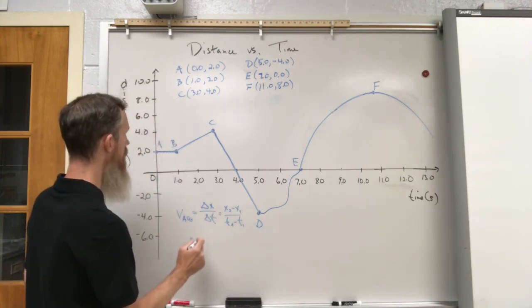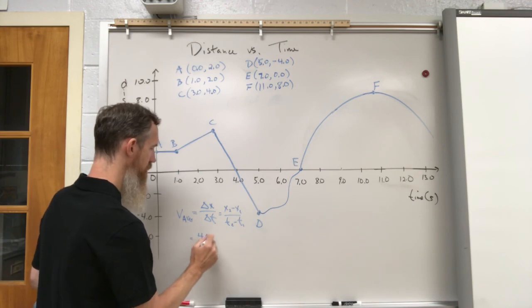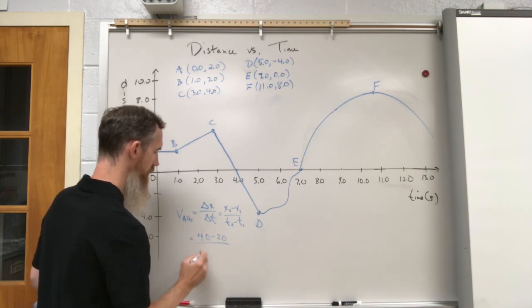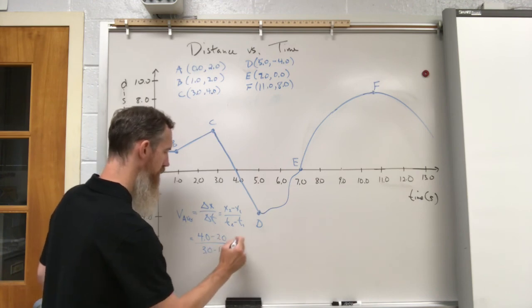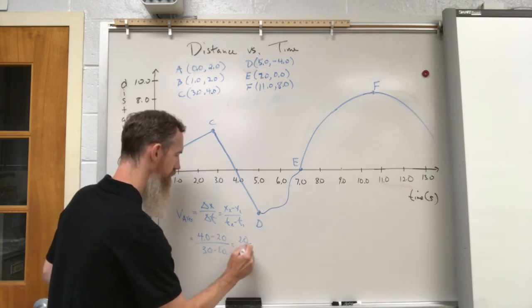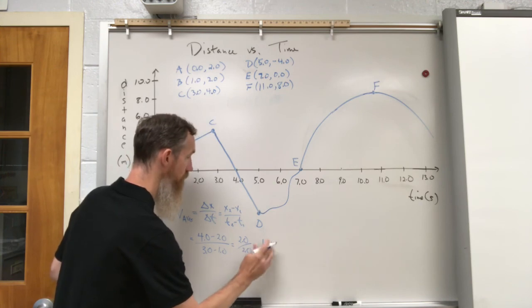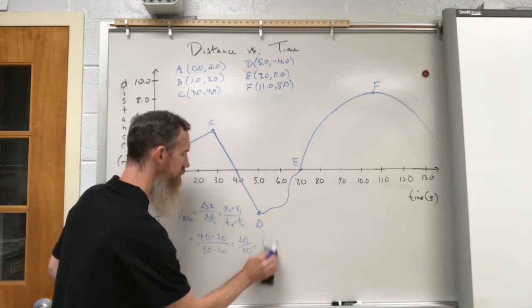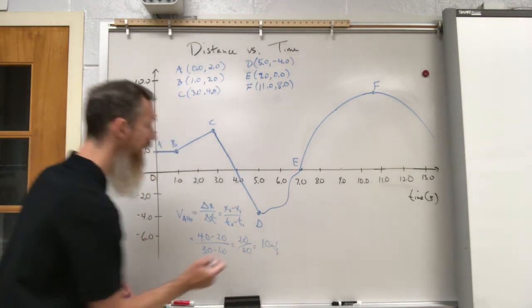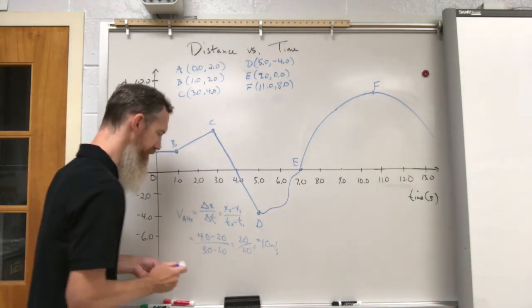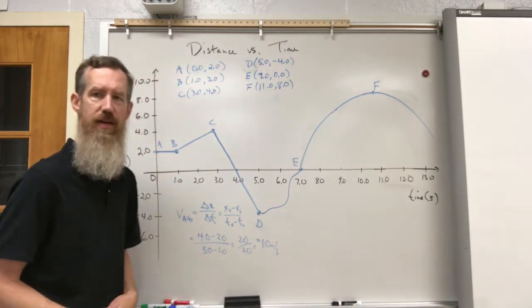So we go 4.0 minus 2.0, and the time is 3.0 minus 1.0. That would be 2.0 over 2.0, and that's 1.0 meters per second. That's positive, by the way, and that's important.